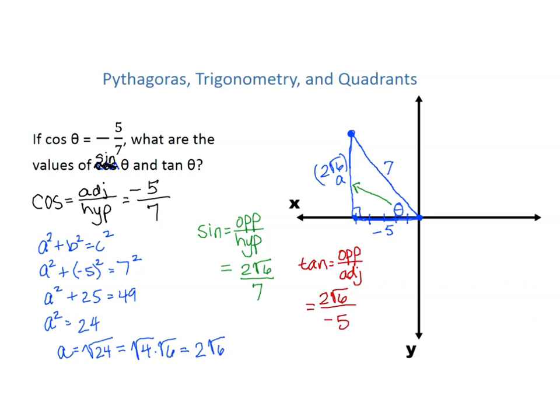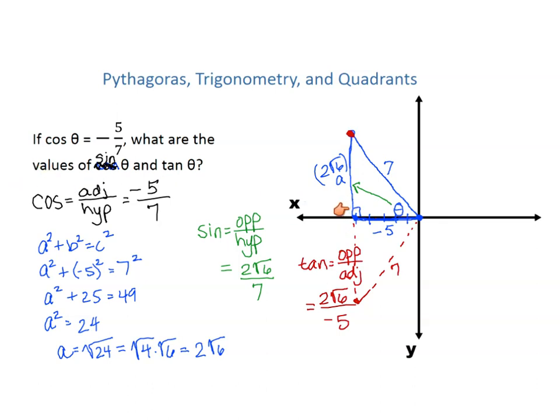Now, always be careful, because in this case, we went up to get our point. But really, because it didn't specify, we could have also gone down to get to this same point, right? In this case, this would be 7, this side here would be the 2 root 6 side, and this would be 5.